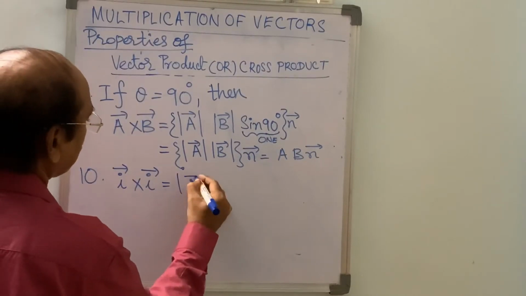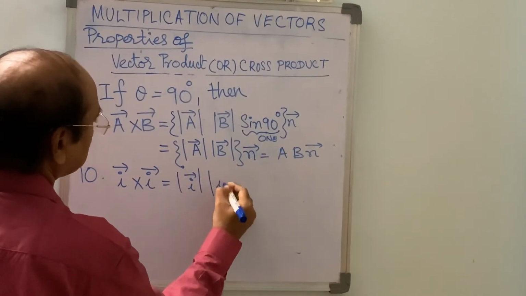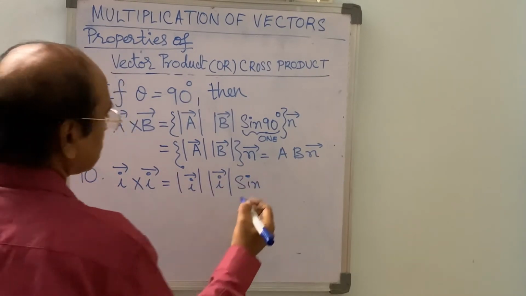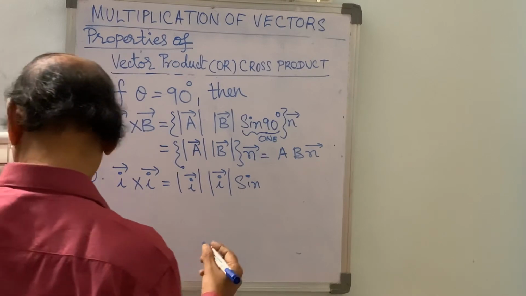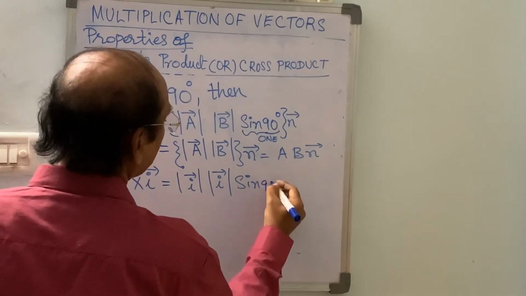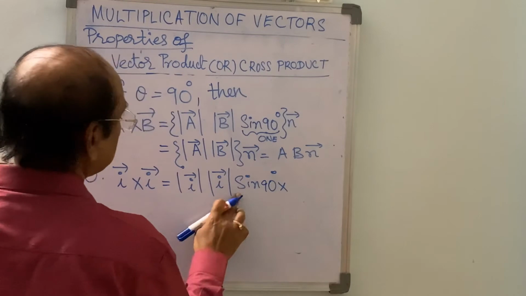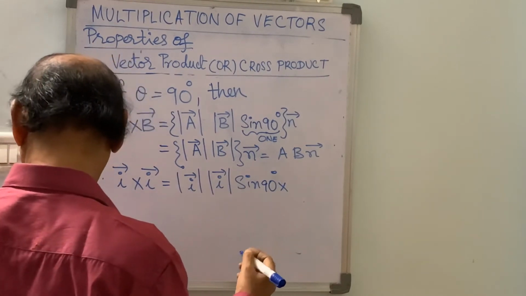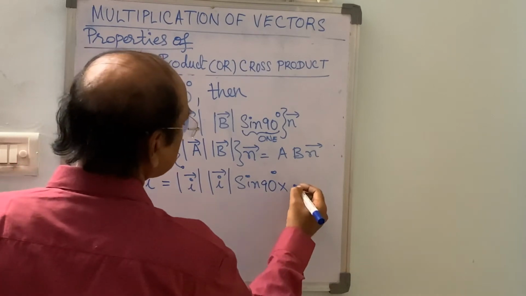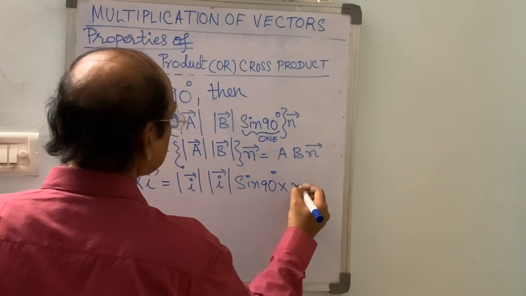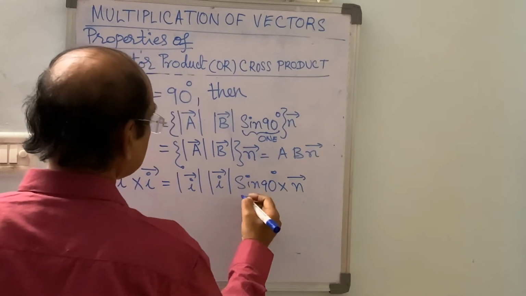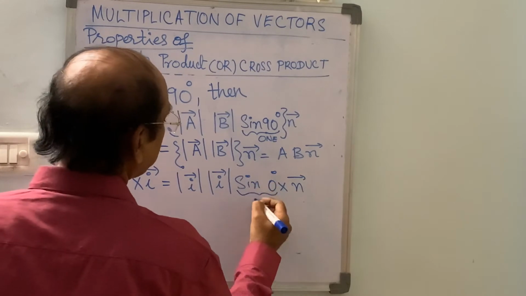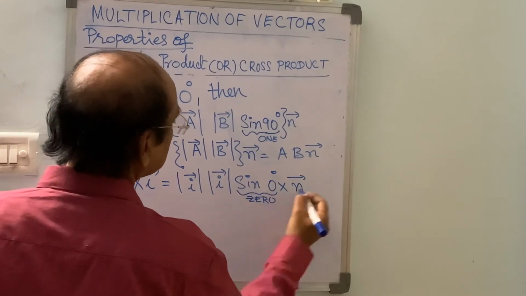That is modulus of i bar into modulus of i bar into sin 0 into n bar, since sin 0 is equal to 0, it is equal to 0 there.